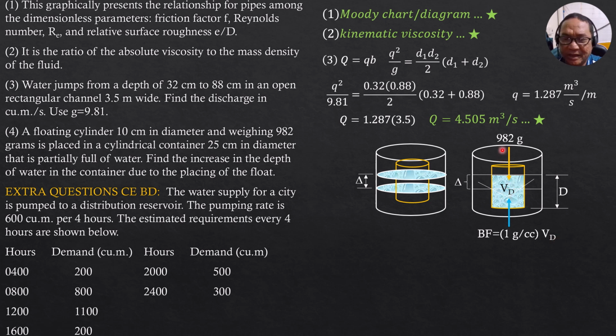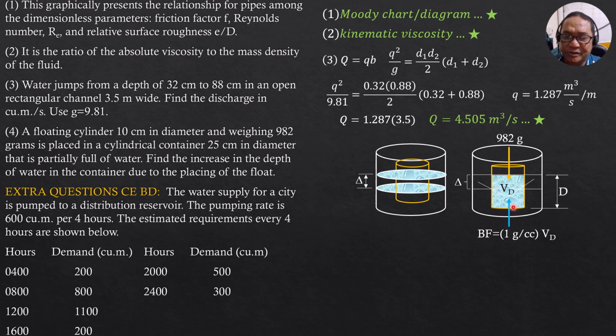So take note that when the cylinder is lowered or floated below the original line, this volume here will transfer to that side. So this volume is volume of big cylinder minus volume of small cylinder, and we equate that to this volume below the original level, volume bounded by the original level and the floating cylinder.